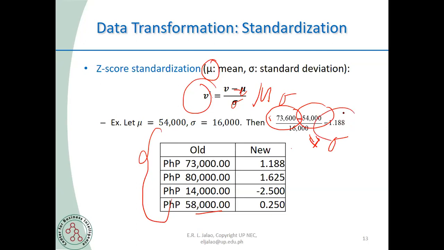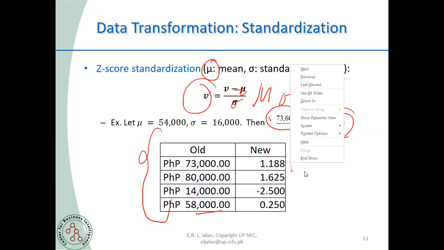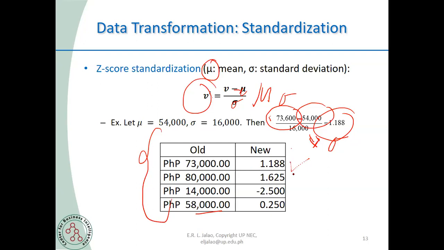So that is our new standardized or normalized data. For 73,000, class, the computed value is 1.188, and then for 80,000 we have 1.625, for 14,000 we have negative 2.5, and for 58,000 we have 0.250.